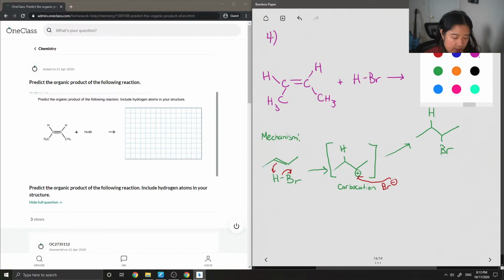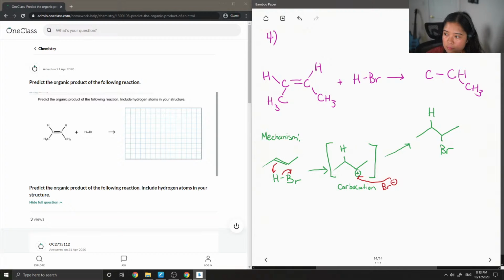So let me rewrite it here. And this is called 2-bromobutane.